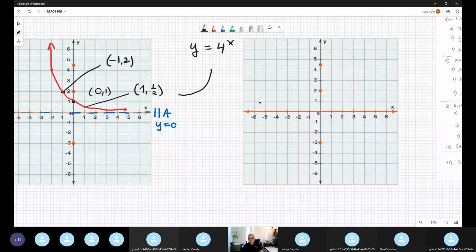We plot the famous point 0,1, universal for any exponential. Then 1 comma the base, which is 4, so 1 comma 4, I plot that. And negative 1 and the reciprocal of 4, which is 1/4. Negative 1, 1/4 is half of the half.